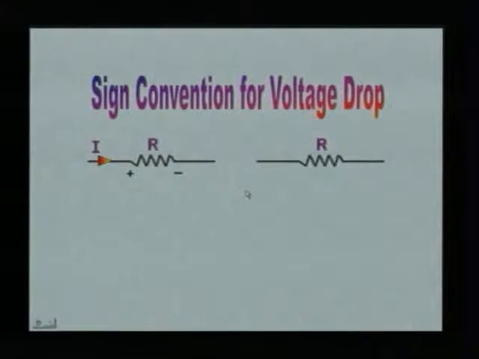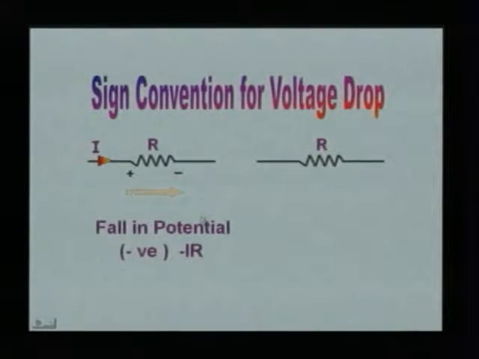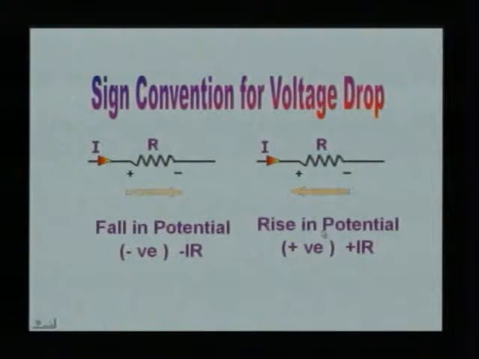In such a case, if we are considering it in this direction, that is coming from positive to negative, as we have seen earlier, it is a fall in potential, that is negative, which is minus IR. Likewise, if we consider it the other way, that is from the negative terminal to the positive terminal, then it is a rise in potential, which is plus IR.